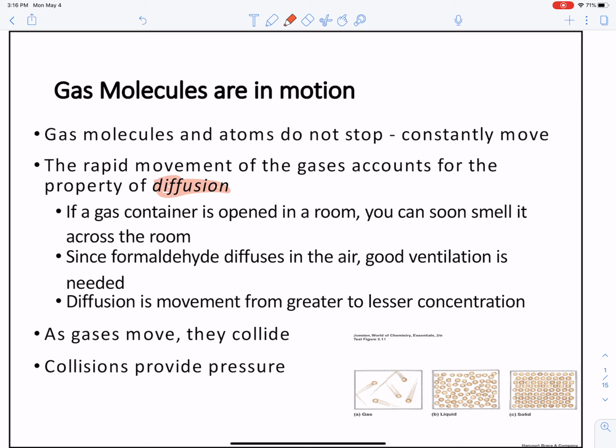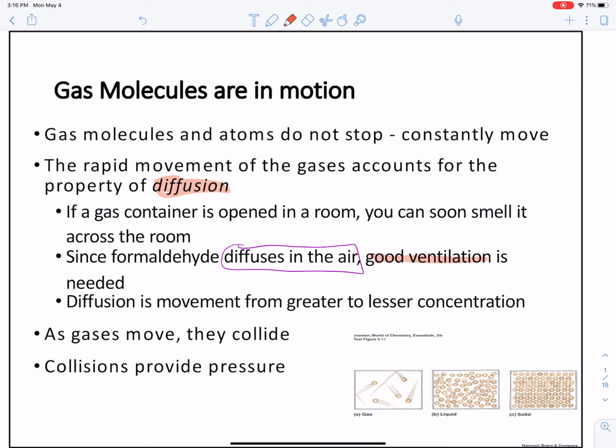if you open a gas tank container into a room, eventually you're going to be able to smell it across the room. Formaldehyde diffuses in the air very well. So this is why you've got to have good ventilation. Without good ventilation, then you're going to have all that formaldehyde getting into the air.